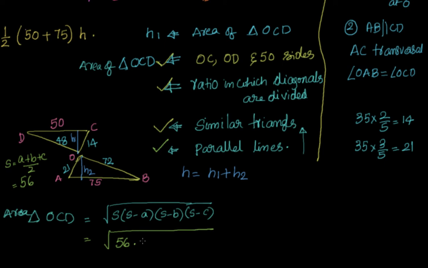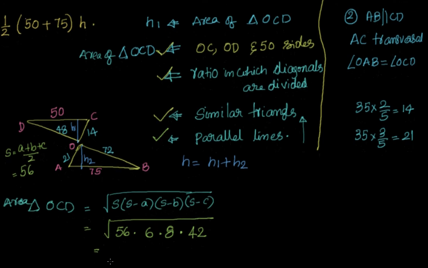S minus A is 6, S minus B is 56 minus 48 is 8, and S minus C is 56 minus 14, that is 42. Nothing hard to do here, because you can see this is very clearly 336 into 336. That means we know the area is 336 square units.